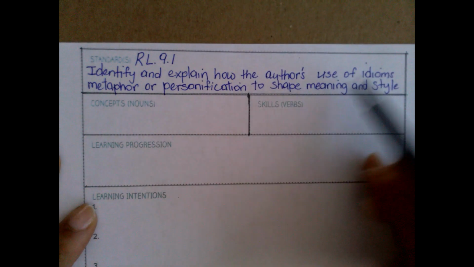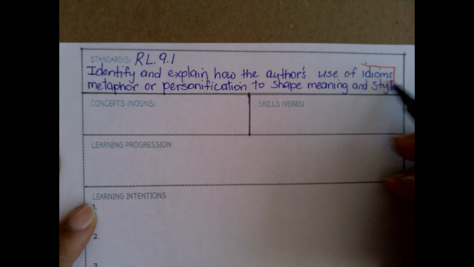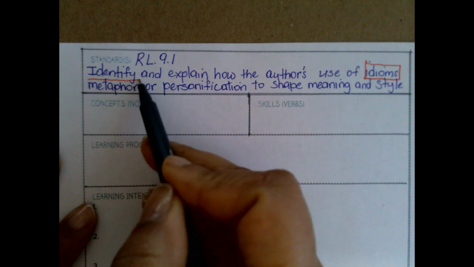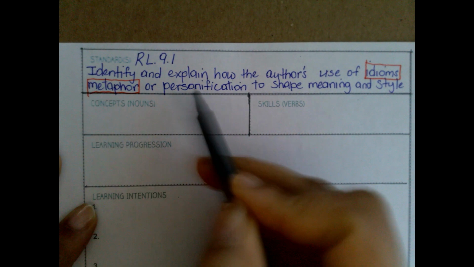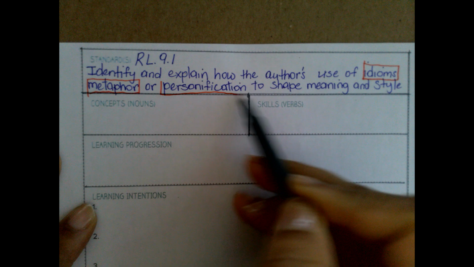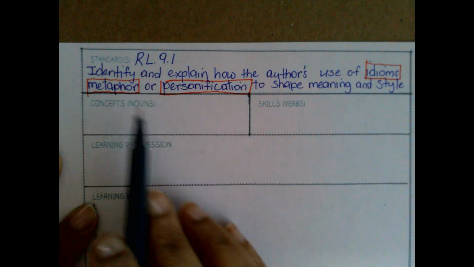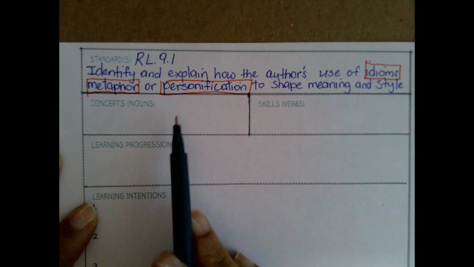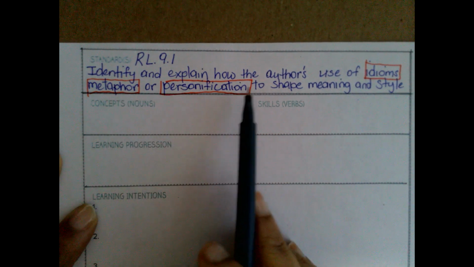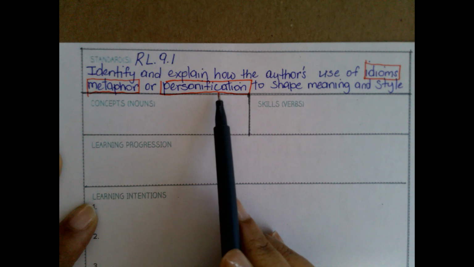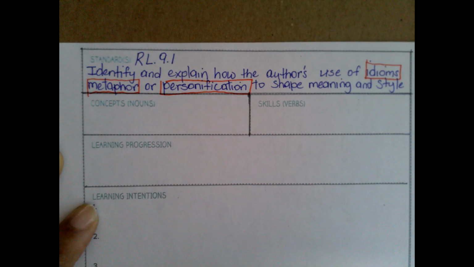So the concepts that we're going to teach are, of course, idioms, metaphor, and personification. Now these are the noun concepts that need to be explored. To think deeper, what are idioms, metaphor, and personification? These are actually figurative language.